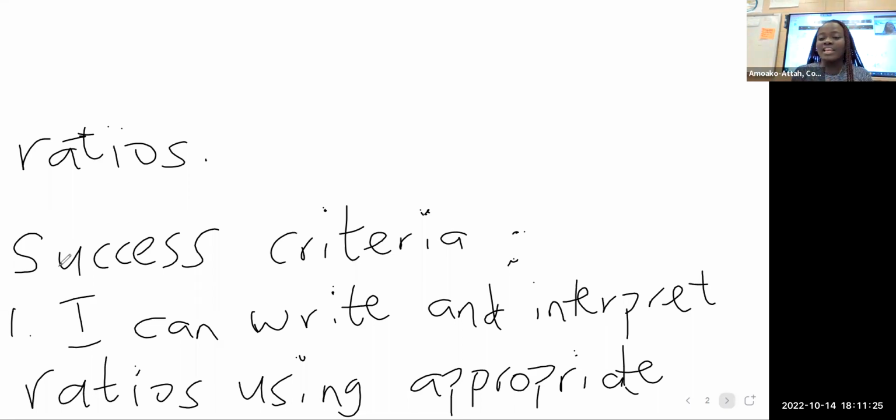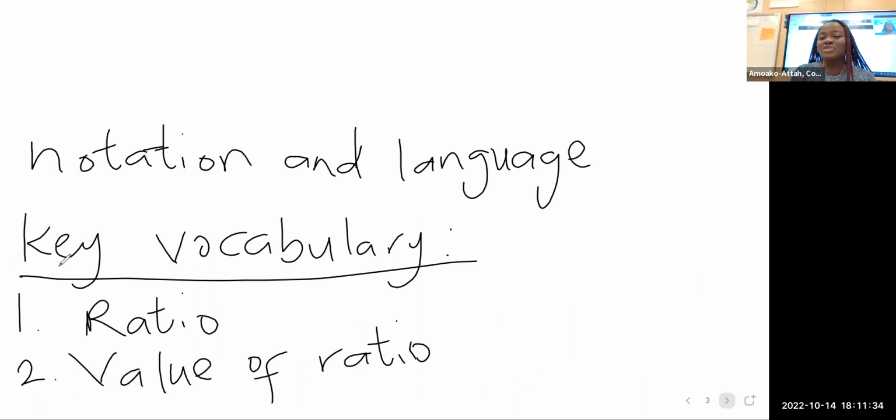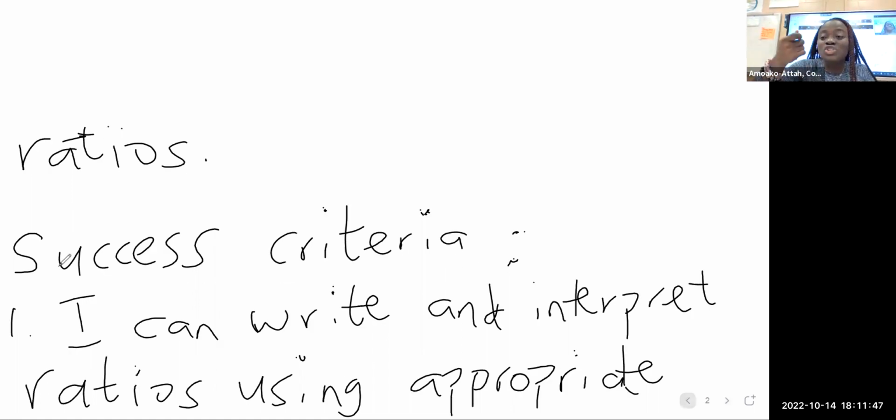By the end of the lesson, you should be able to write and interpret ratios using appropriate notation and language. That is your success criteria.